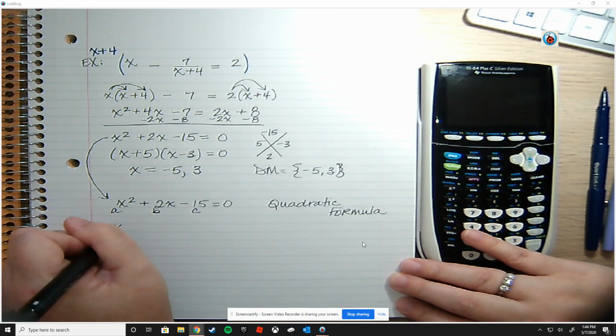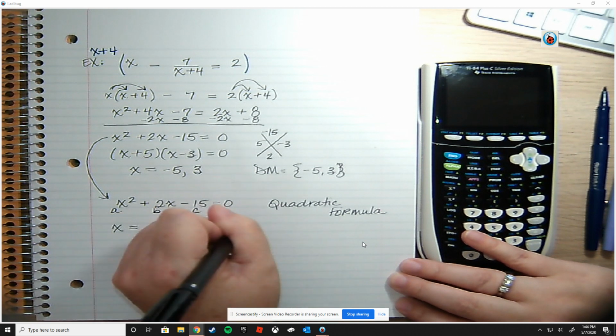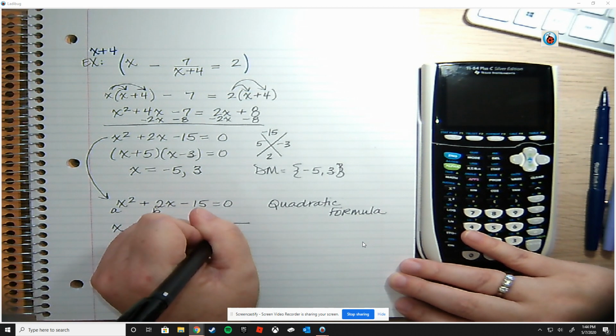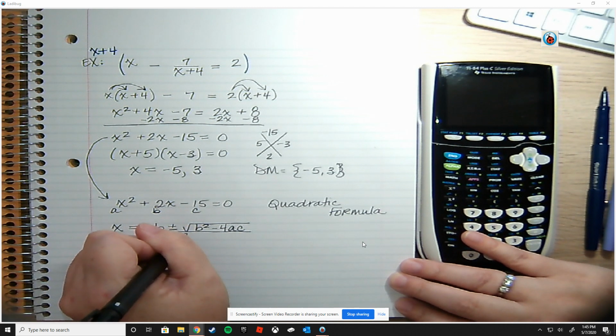Remember, the quadratic formula is x equals the opposite of B, plus or minus the square root of B squared minus 4AC, all over 2A.